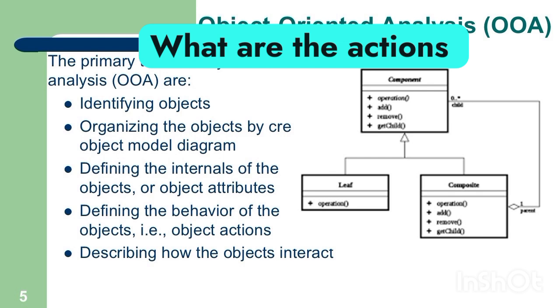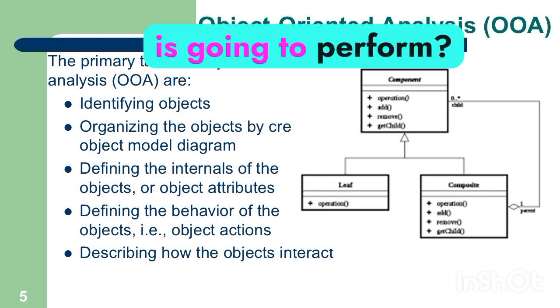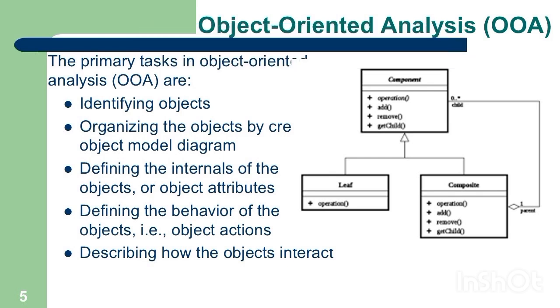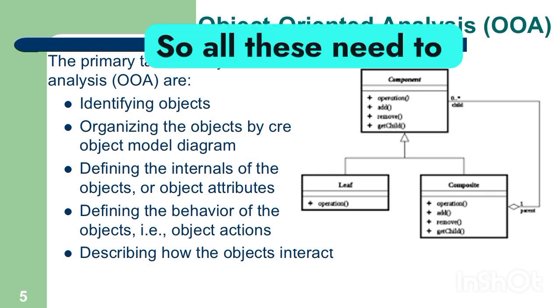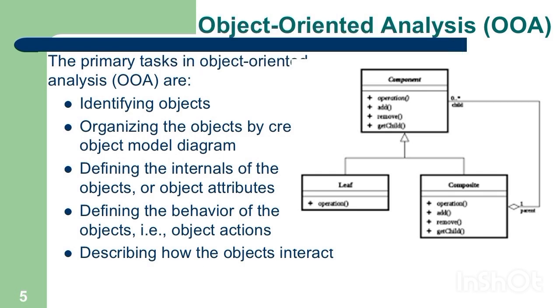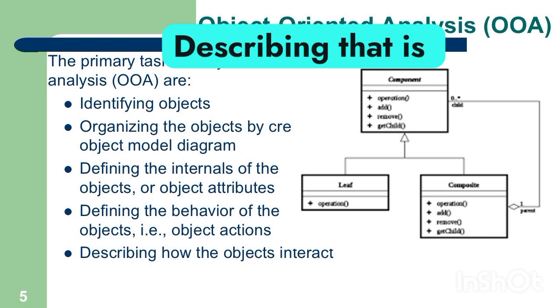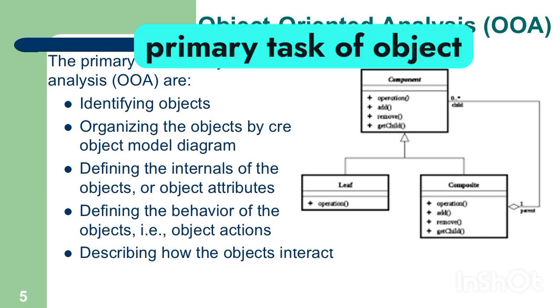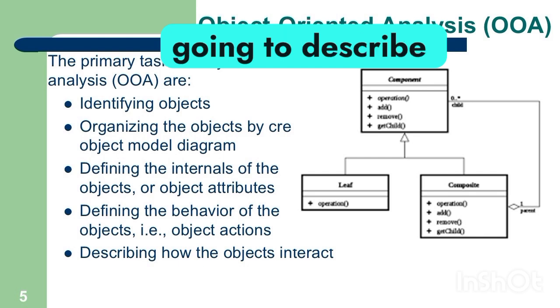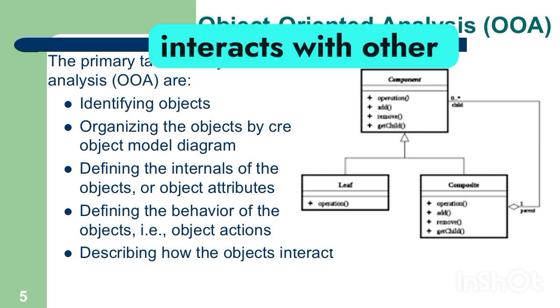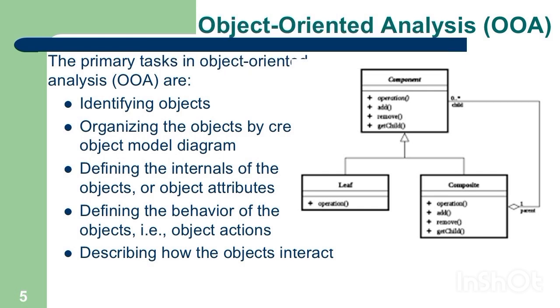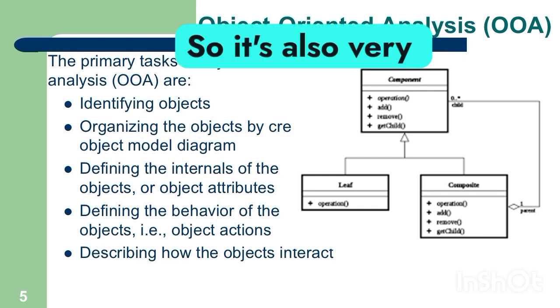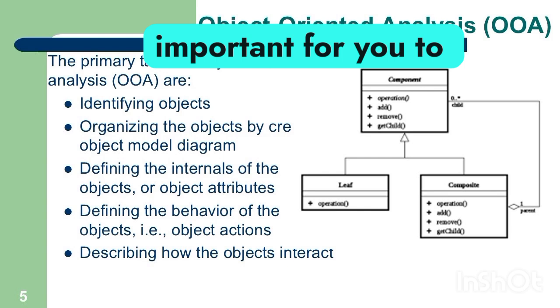What are the actions this particular object is going to perform? At what state? At what level? All these need to be put into consideration. Describing, that is the fifth primary task of object-oriented analysis, is describing how this object interacts with other objects. So it's also very important for you to take note of this.